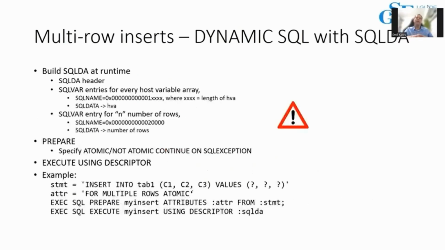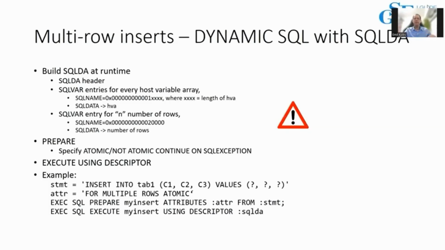Now, if you have a more advanced application and you build all the structure at runtime, then it's more tricky because you need to build the descriptor table, the SQLDA, at runtime. I don't want to go into details, but if you are interested, take a look at my blog where I have a running example in C. In this case, you need to prepare the whole SQLDA.